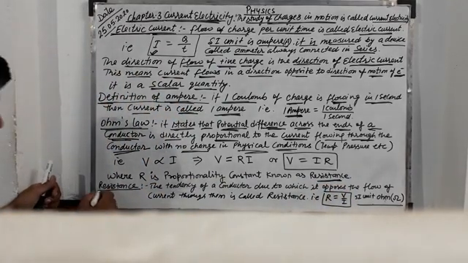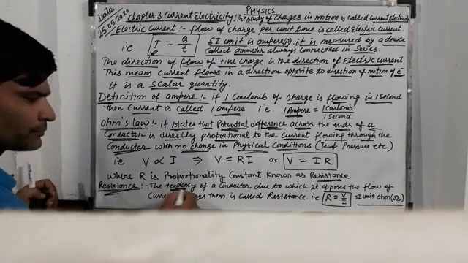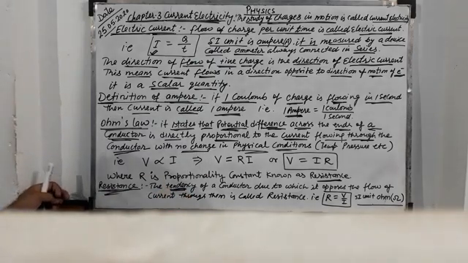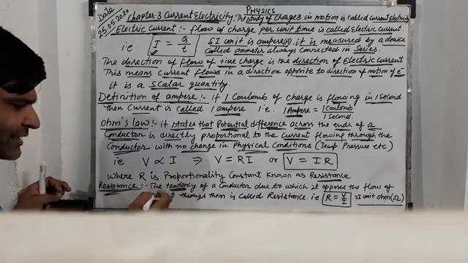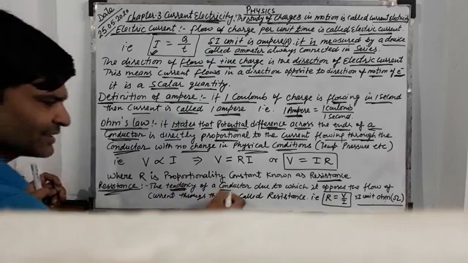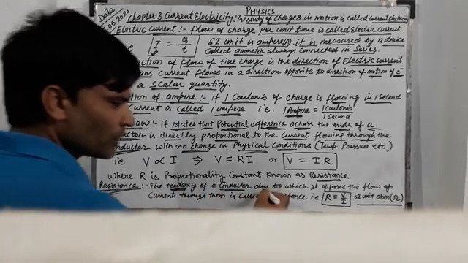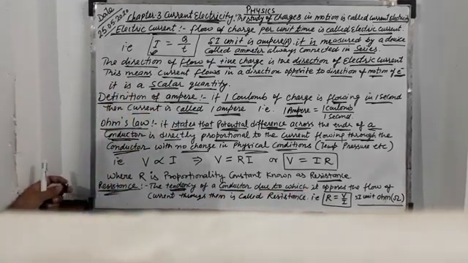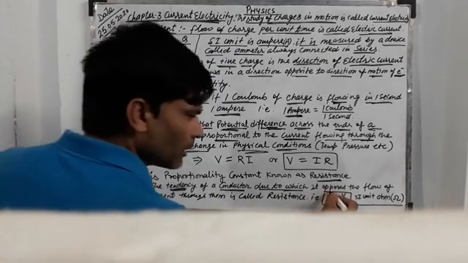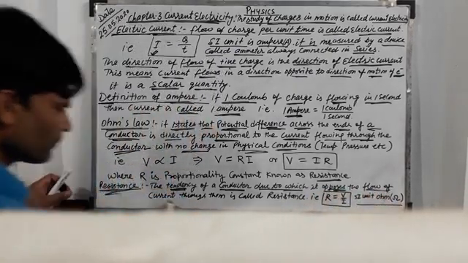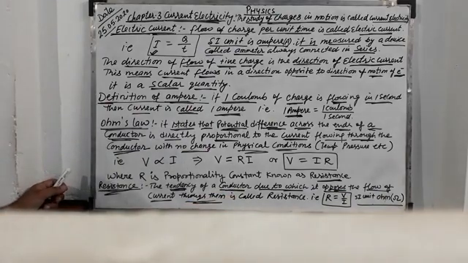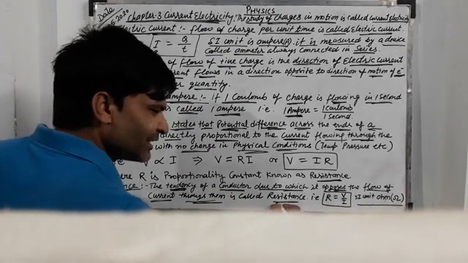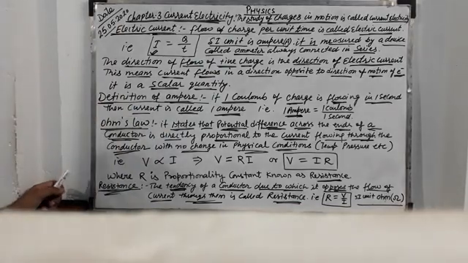And what is resistance? This is the tendency. It may be a property of a conductor, but here we use tendency. So the tendency of a conductor due to which it opposes the flow of current through it is called resistance.